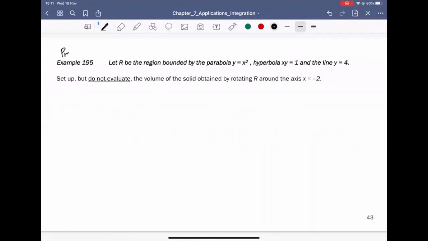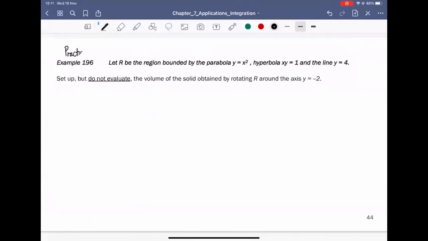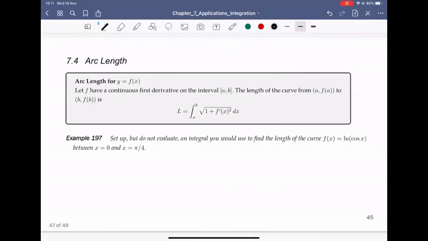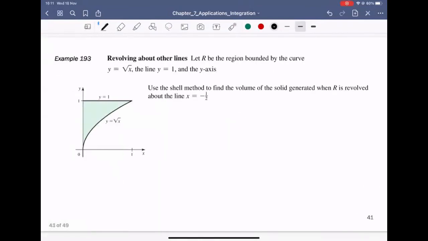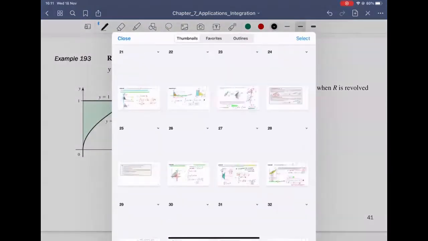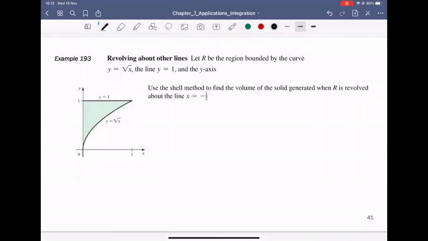Actually, today we're going to stop at example 193, the last one for today, and the remaining slides I think we're going to do in the clip that I'm going to post soon on Friday. I have not recorded it yet, but I have a plan to do that.